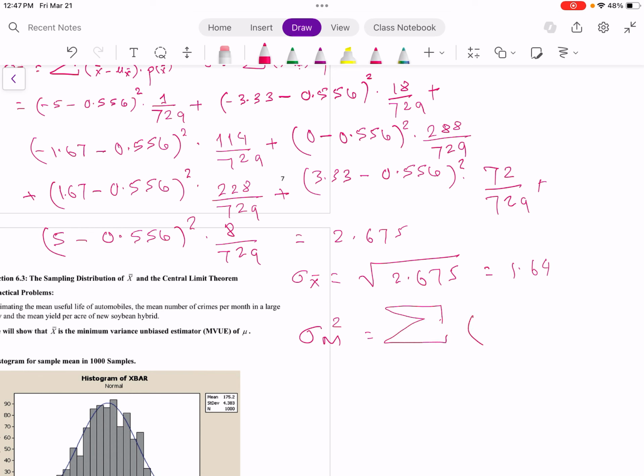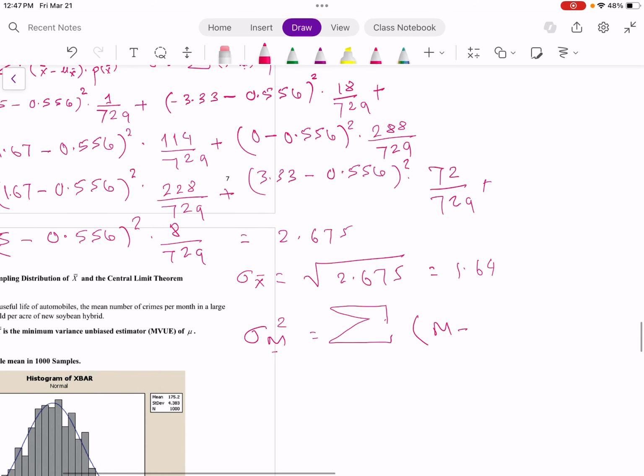So this is the summation of, instead of x we have m minus mu of m, squared, times p of m. So I want you to find the variance of the third table, the sampling distribution of median. Use the same process, but we are using our third table.